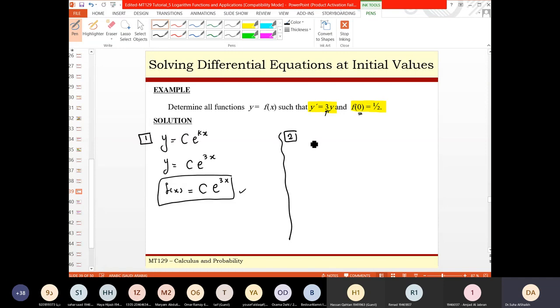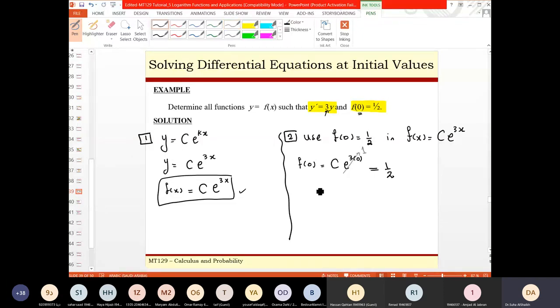Now I'm going to use that f at 0 is equal to half in the equation f of x equal to c exponential of 3x. I come to this equation, remove the x and put 0 in its place, and make all of this equal to half. So f at 0 means c times exponential 3 times zero, and all of this equals half. 3 times zero is 0, exponential power 0 is 1.